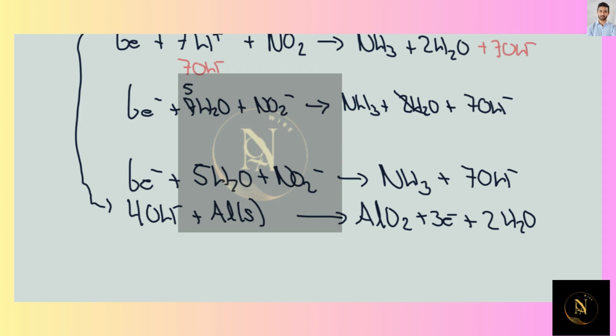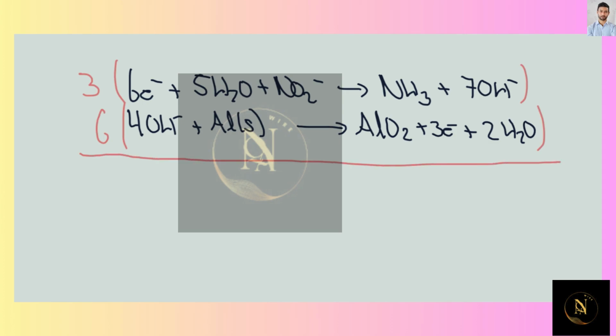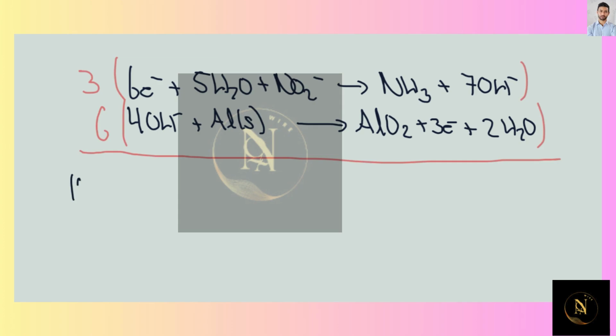And to get our final part, we're going to multiply each reaction by the number of electrons on the other reaction. So the first reaction over here is going to be multiplied by 3, and the second one is going to be multiplied by 6. And then we're going to add the result together. So now this is going to be 18 electrons plus 15 water molecules plus 3 NO2 minus plus, on the reagent side, 24 OH minus plus 6 aluminum as a solid.